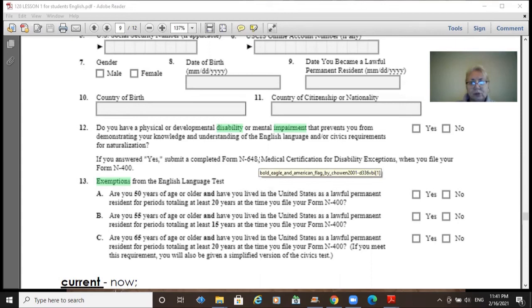It should be certified by your doctor. It is a form N648, Medical Certification for Disability Exceptions, and it needs to be filed with your application form N400.